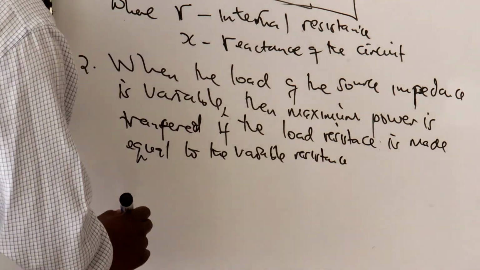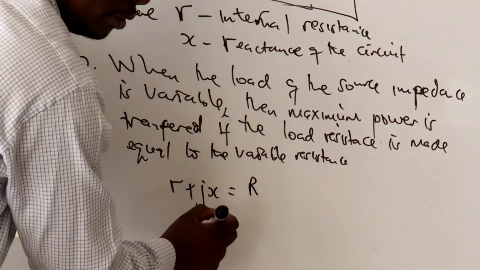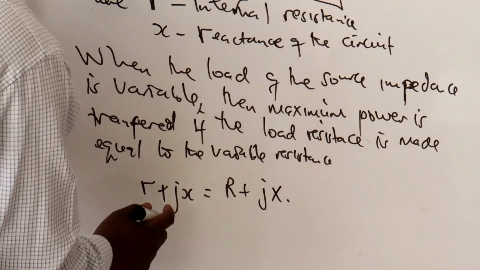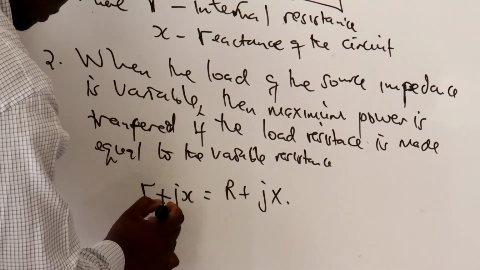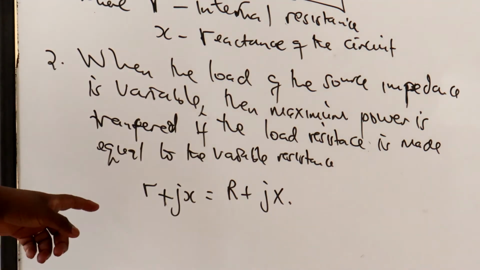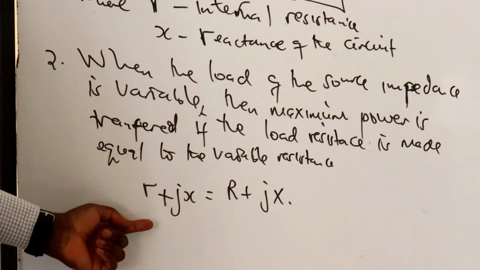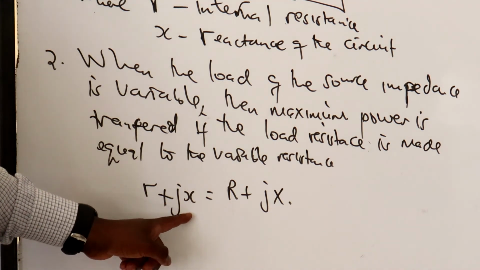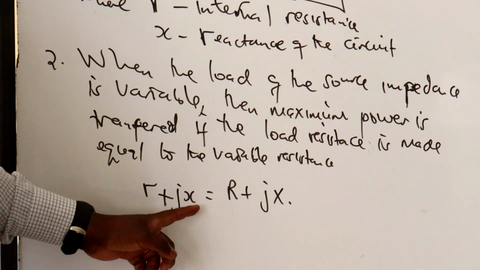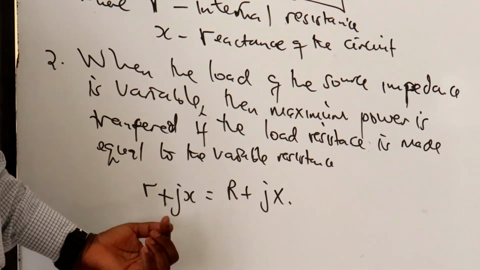In this case we shall have R plus jX equals r plus jx, where the small r and the small x refer to the internal values. In this case, we are going for a variable load and an internal resistance that keeps on varying the imaginary value. In the same way, we shall also replace the internal resistance with a reactance that is also variable.